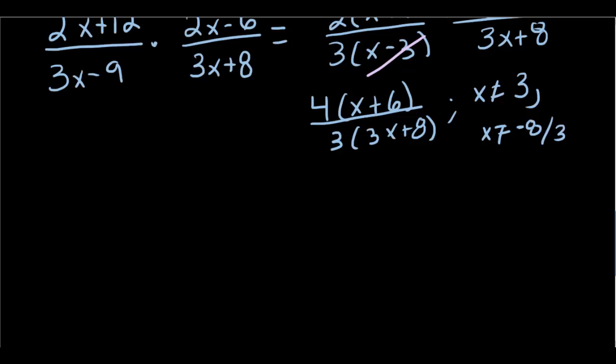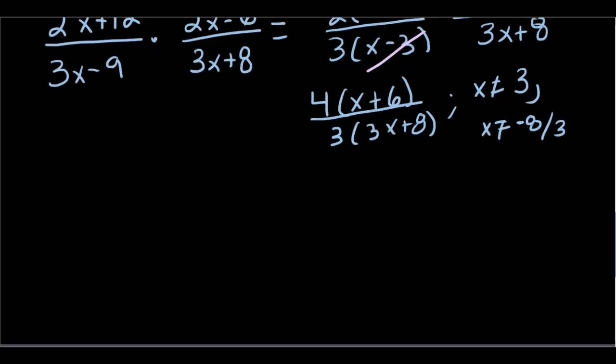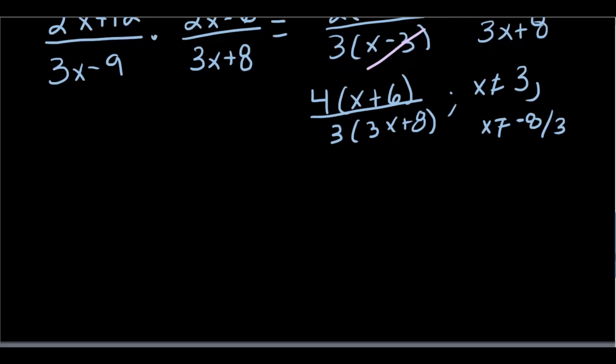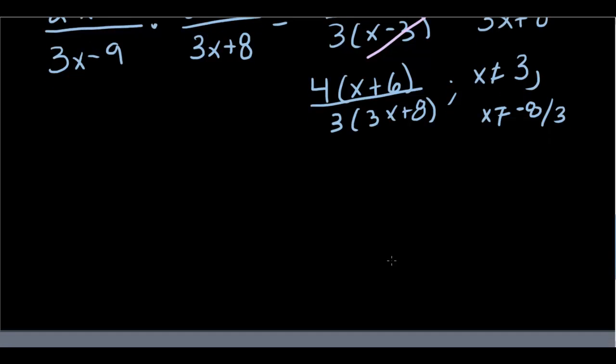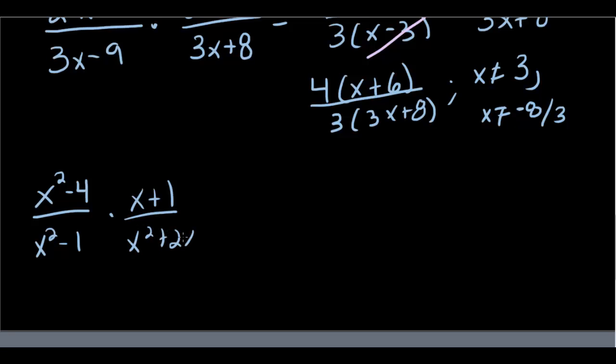Let's try another one. x squared minus 4 over x squared minus 1 times x plus 1 over x squared plus 2x. So we're going to factor.